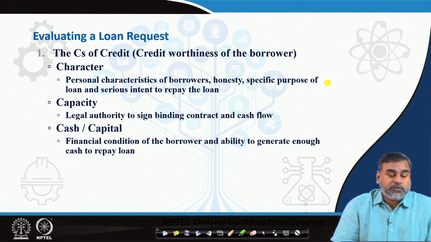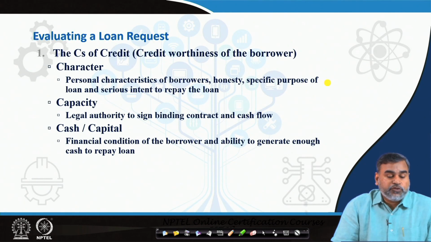The first one is character: personal characteristics of the borrower, age, gender, income, all the socio-economic characteristics this person has, dependency, cash flow, all kinds of information has to be gathered. Honesty is difficult to measure, but the banks try to measure it through other external sources.